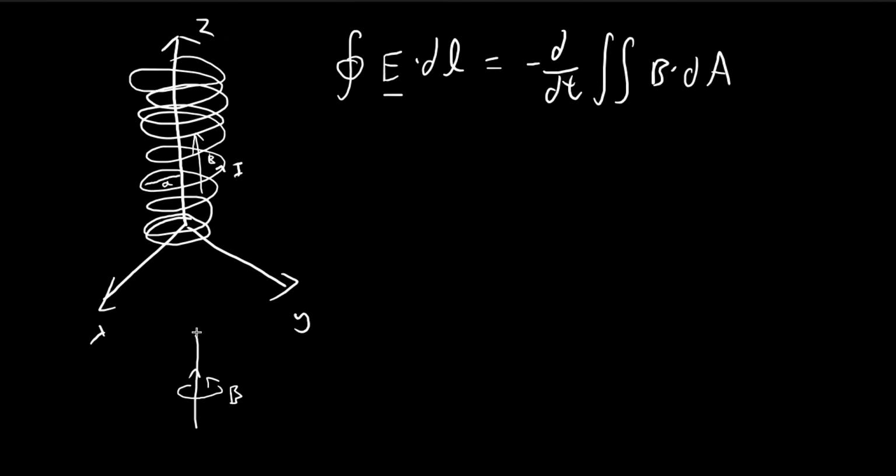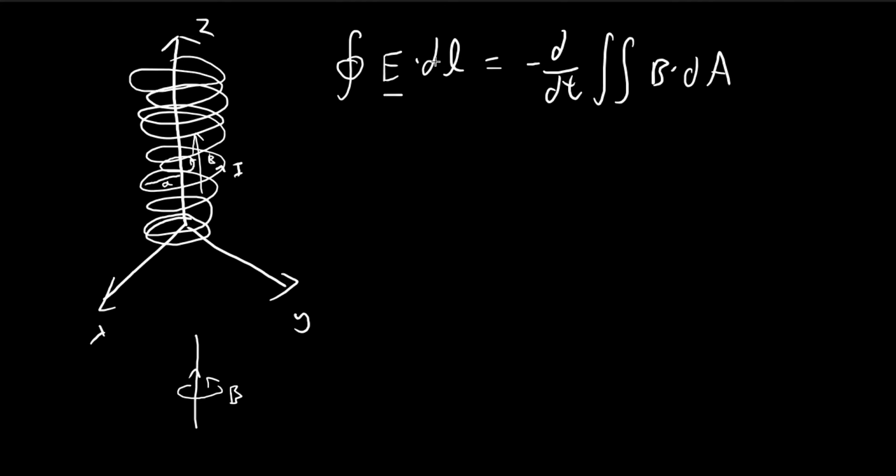Instead of a current going up and generating a magnetic field, we have a magnetic field going up, and because it's changing, it's going to generate an electric field that is circular. It's circular due to a symmetry argument. There is no preference for this electric field to contort towards any direction, so it has to be symmetric, it has to be circular.